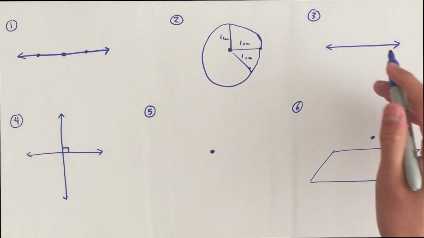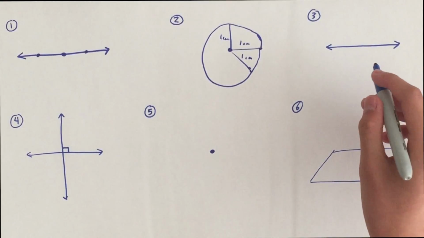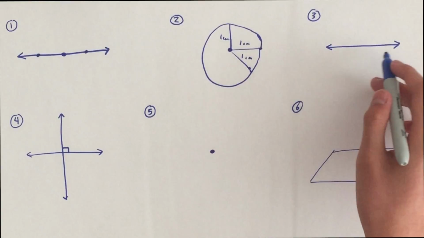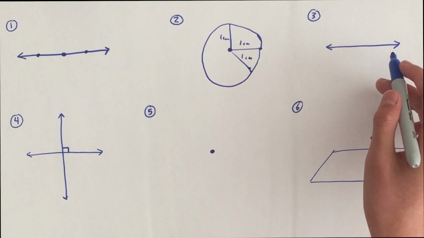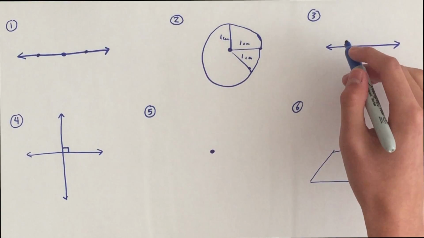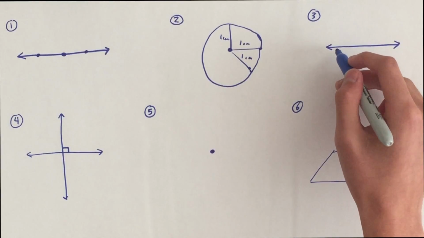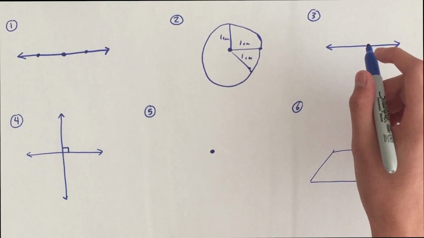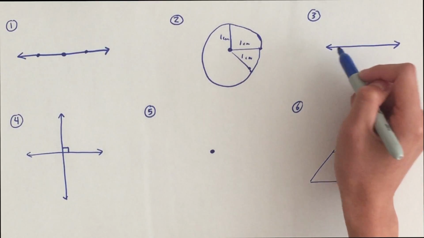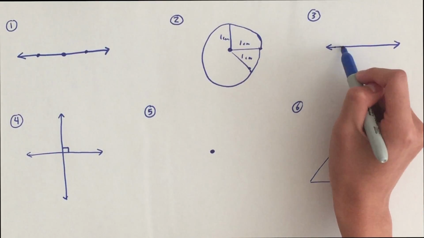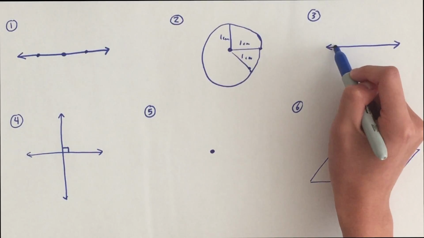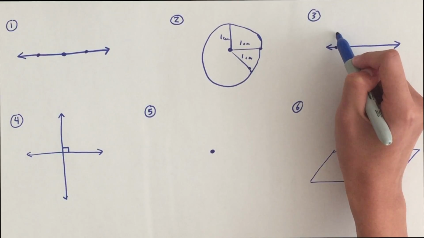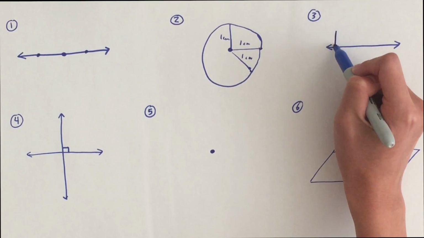So let's go on to a third question. Find the set of points that are 1 centimeter away from this given line. Distance, if you recall, from a point to a line is the shortest, perpendicular distance. So you can pick any point on the line, let's say this point, and then the perpendicular of length 1 centimeter away would be this.